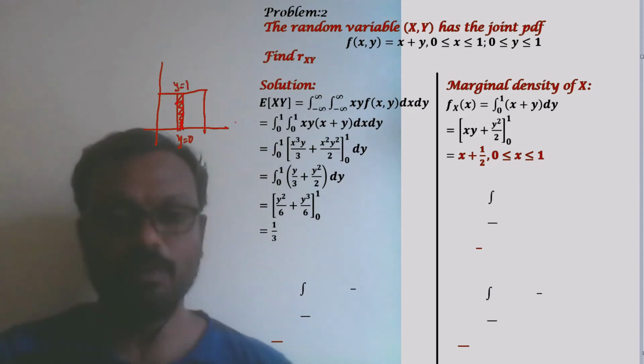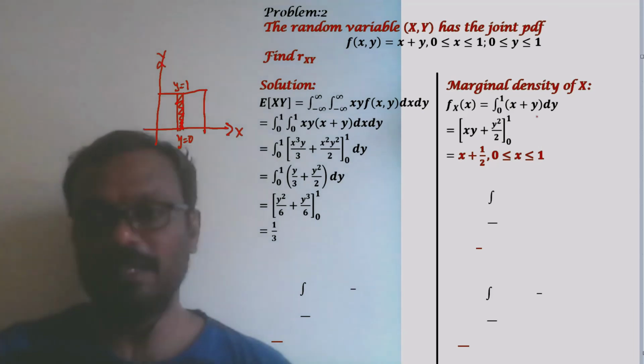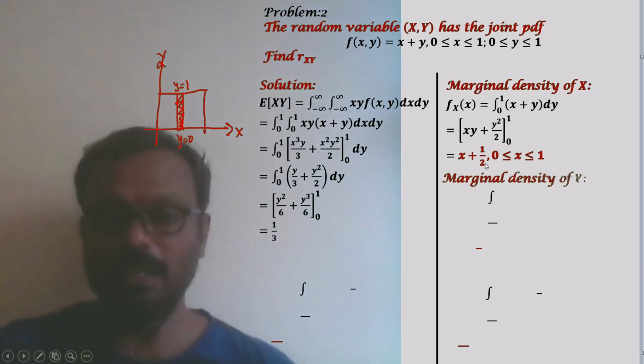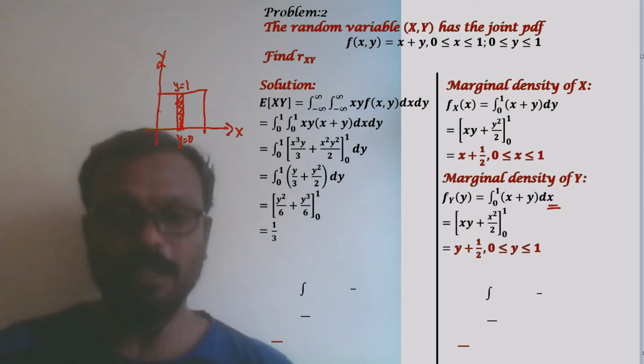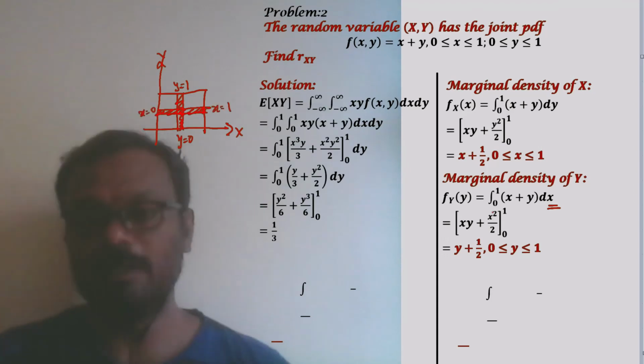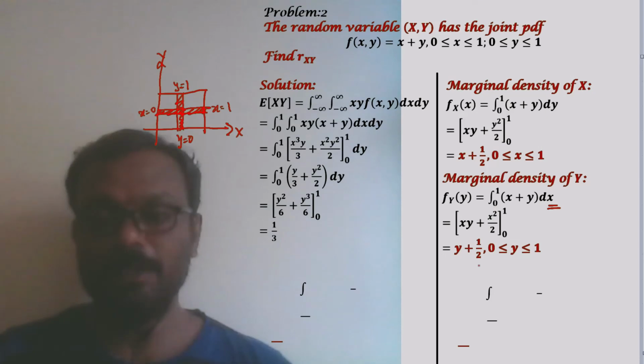So we have 0 to 1 the joint density x plus y dy, and on evaluating we get x plus 1 by 2. And similarly the marginal density of y, we have to integrate with respect to x. So to get the limit of x, we cover the region using the horizontal strips, and the strip starts at x equal to 0 and ends at x equal to 1. So the limit is 0 to 1, and on evaluating the integral we get the marginal density of y to be y plus 1 by 2.